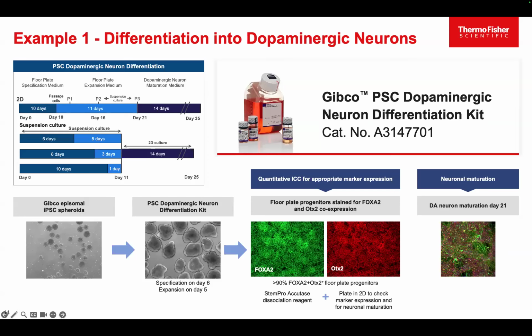OTX2, a bit of background, helps regulate the expression of proneural genes, things like MASH1, ASCL1, neurogenin2 for all you neuroaficionados, to help promote neural differentiation and help proliferation of those midbrain progenitors. So both of these, without getting too much in the weeds, are really crucial transcription factors that we know play an important role in the development and maintenance of this specific subset of neurons, dopaminergic neurons.